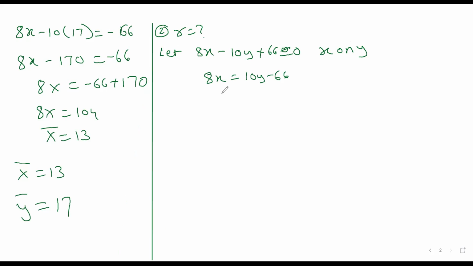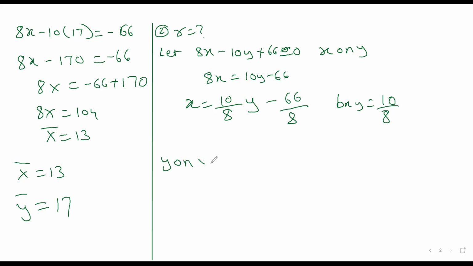Because if it is the equation of x on y, it should be expressed as x is equal to bxy y plus something. So x is equal to 10 by 8 y minus 66 by 8. So bxy is 10 by 8. And if this is x on y, then y on x will be 40x minus 18y is equal to 214.